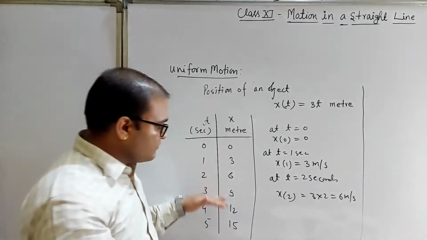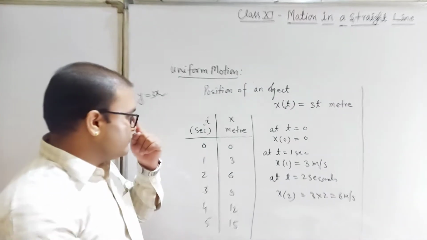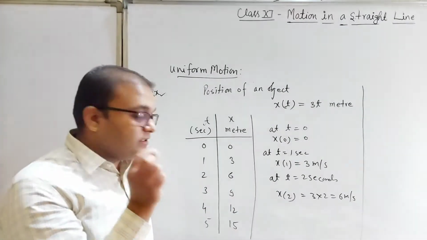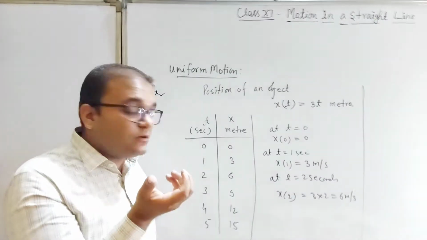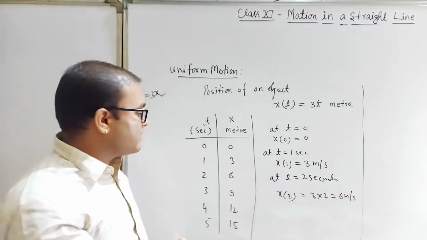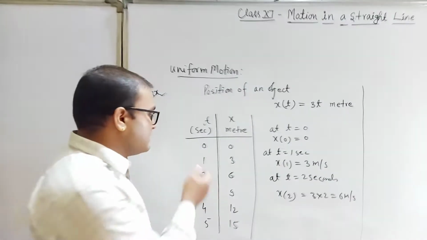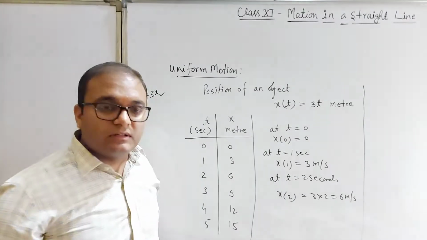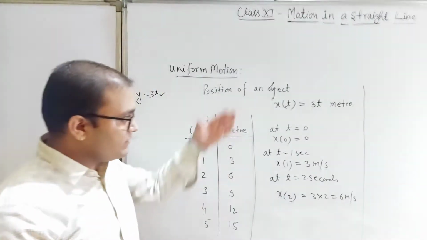So it means the motion is uniform. But remember, in uniform motion the position should change by an equal amount for a very small interval of time as well. Meaning this is for 1 second, and for 0.5 second it should also change its position by an equal amount. I will show here.